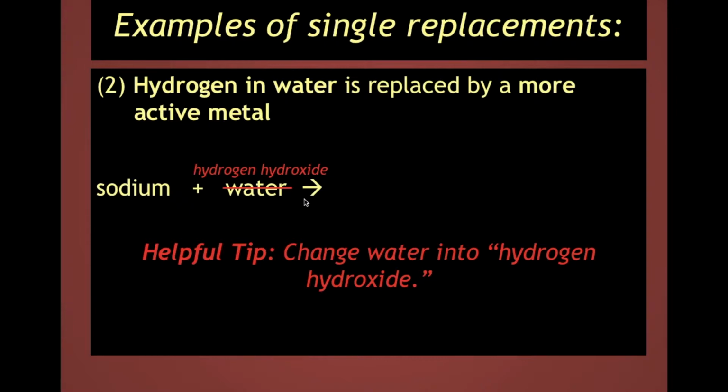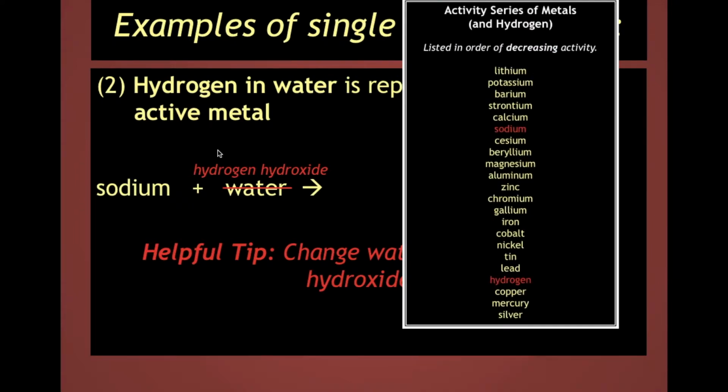When we go on to do acids, I always put the hydrogen in front no matter what the acid is called. I write hydrogen and then the polyatomic ion that it's combined with. It just makes it easier to say, okay, I know I'm comparing sodium to hydrogen.